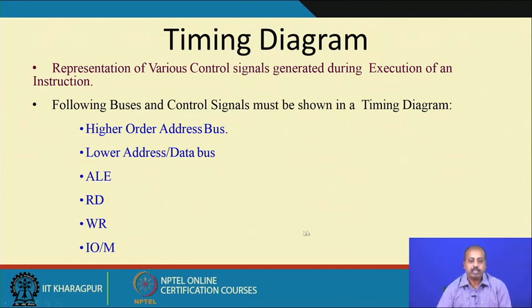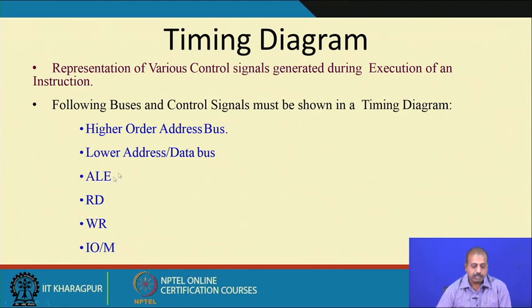This timing diagram is a representation of the various control signals generated during execution of an instruction. These are the signal lines that are monitored: the higher order address bus, lower order address bus, and the address data bus, which, as you know, is multiplexed. Then the ALE signal, read, write and IOM bar. These are the signals we will be monitoring for the timing diagram.